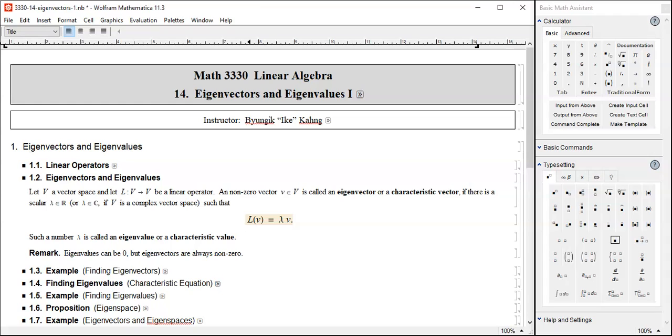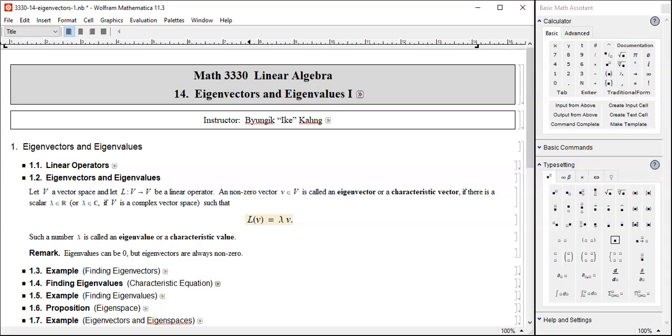In short, in the v direction, the linear map L is an expansion or contraction, depending upon the size of lambda. If lambda is greater than 1, then it is expansion toward that direction. If lambda is less than 1 in absolute value, then it's contraction. If lambda is less than 0, then it goes in the opposite direction.